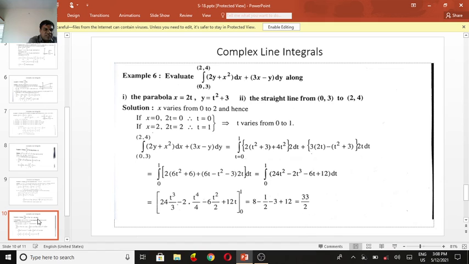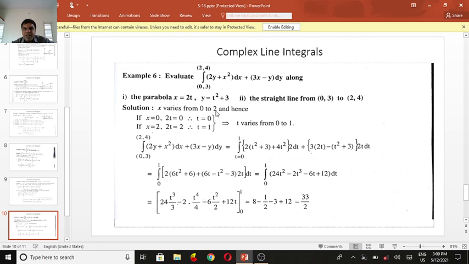If x = 0, since x = 2t, then t = 0. If x = 2, then 2t = 2, so t = 1. Here t is a parameter; we convert x in terms of t. So t varies from 0 to 1.